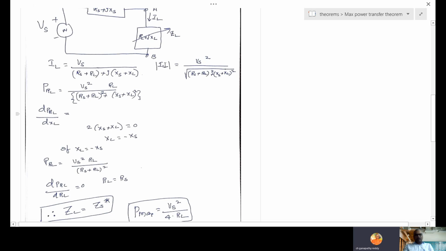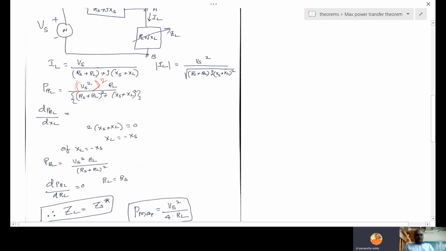So what is the power formula? IL square into RL. And IL square becomes Vs square divided by this part square, into RL.